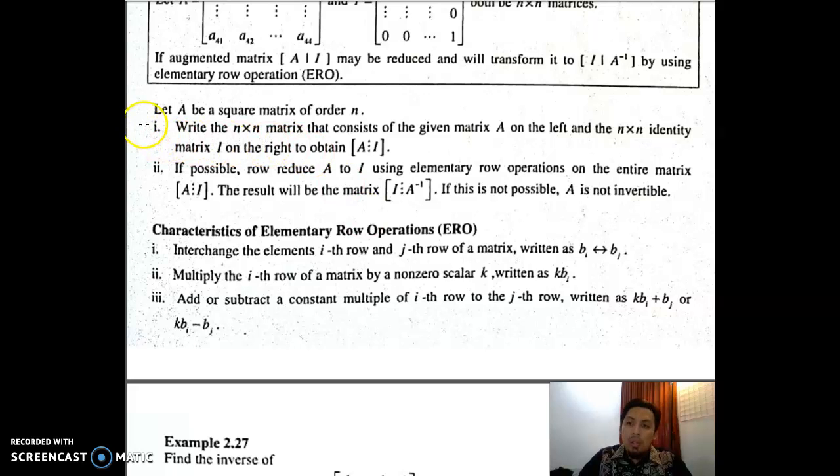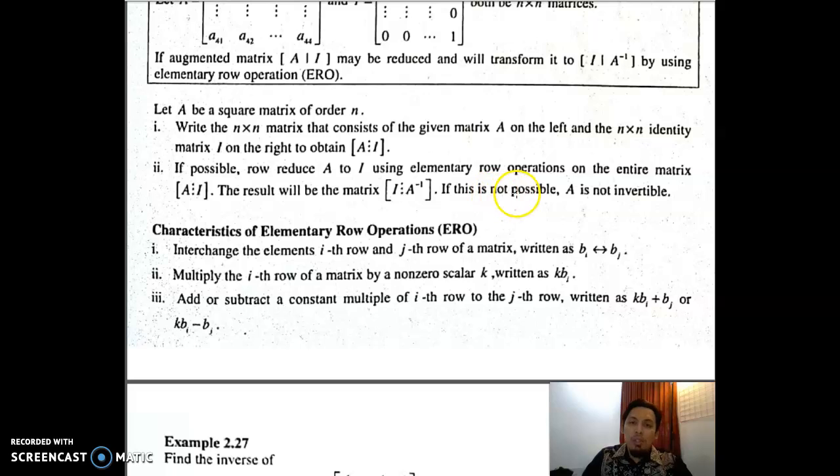Okay, and then what is this about? Let A be a square matrix of order n. I've already discussed this before, but what's more important is, if possible, row reduce A to identity using ERO on the entire matrix. The result will be I and A inverse, as I said before.